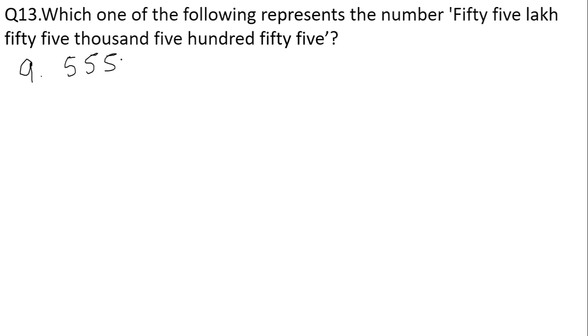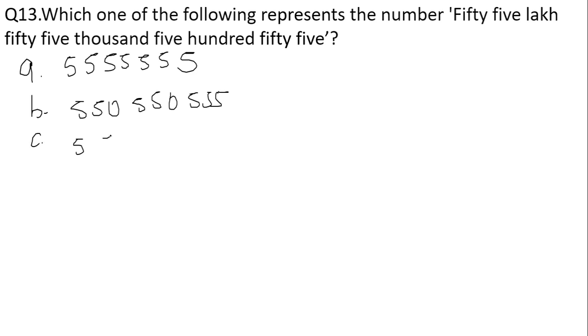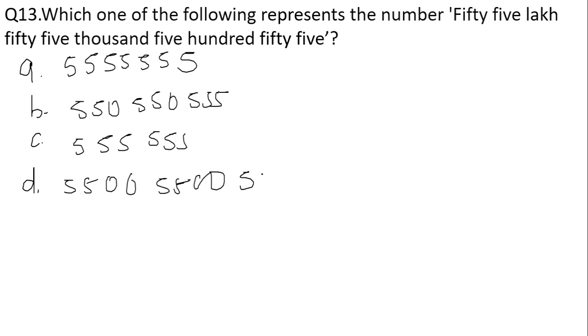Option B was 550, 550 and then 555. Option number C is 555, 6 times 5. And option number D is 5500, 5500, 555. These were the options that they have given in the question.